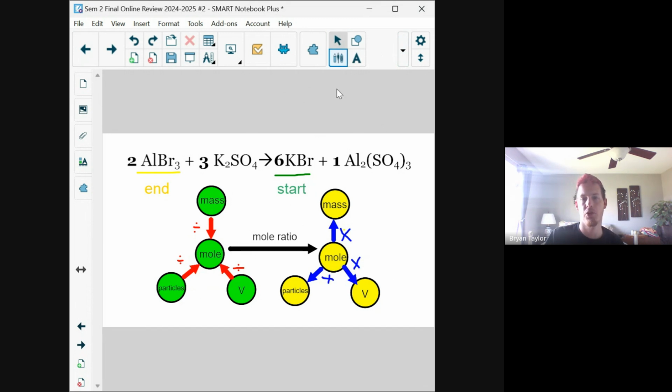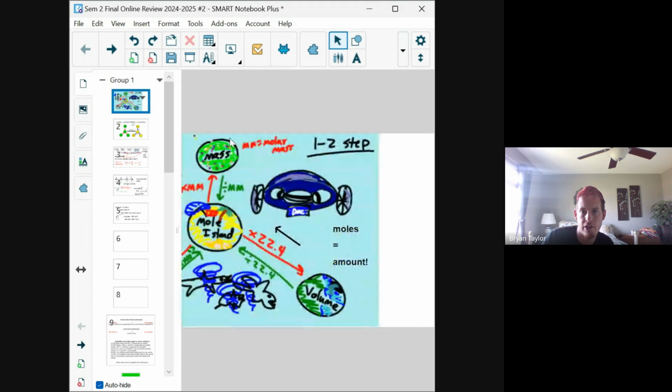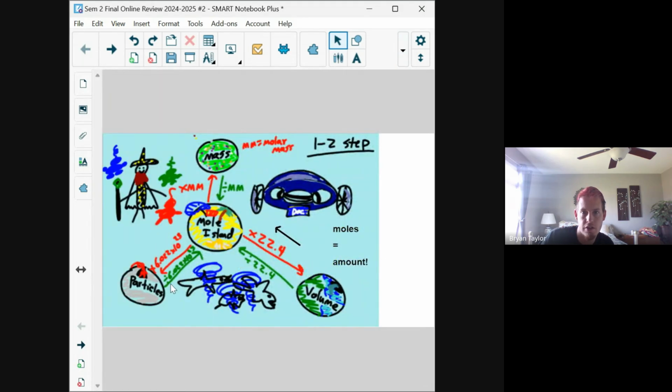So the next thing I'm doing is you just noticed I don't have all the arrows on these because you don't need them, right? Now, again, you're not going to have a double mole island, but that's really what this is. If you're starting here, it's always division going in, divide, divide, divide, and it's always multiplication going away, times, times, times. And that should make sense, right?